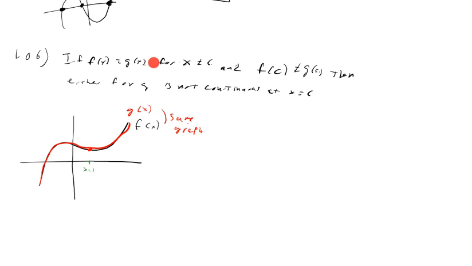If they are the same everywhere except this one spot, they're the same function, same equation, same graph, everywhere except right here at C. So let's say this is C. F and g are equal everywhere except right here. And at that spot, f of C and g of C are not equal.